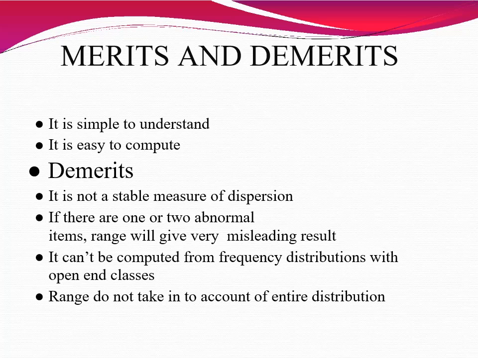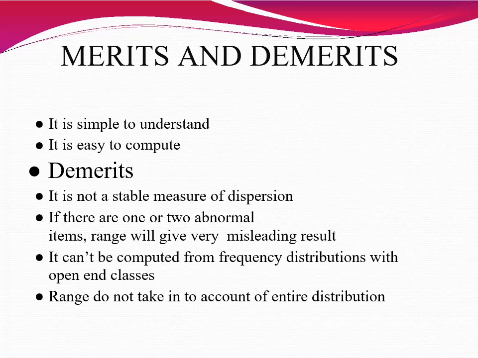Next, if there are one or two abnormal items, range will give very misleading results. So if anything is added to the existing series, the results would be misleading. If an abnormal range is brought into a normal range, it will give a misleading result.